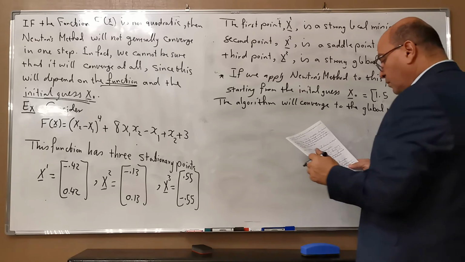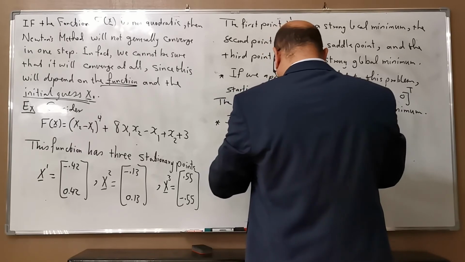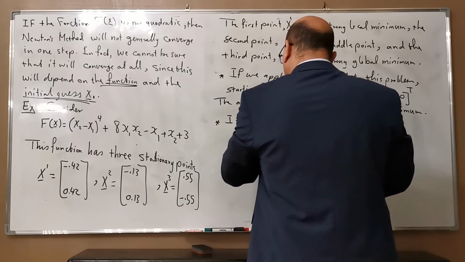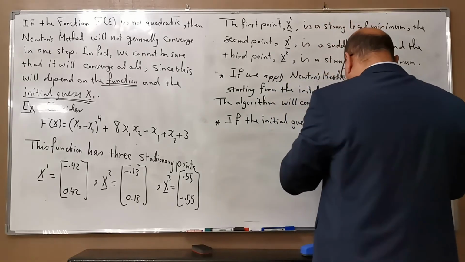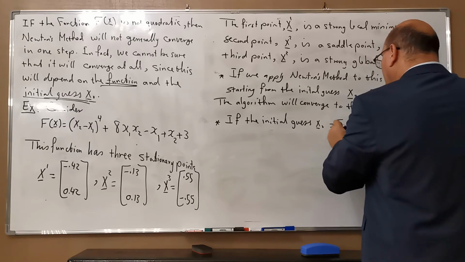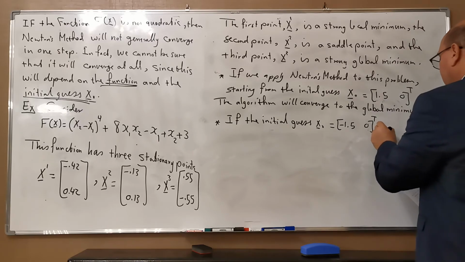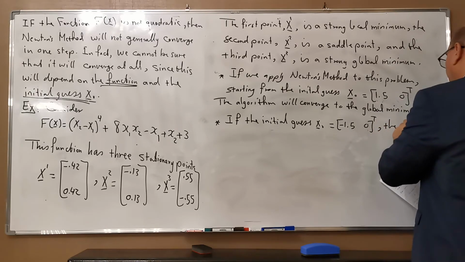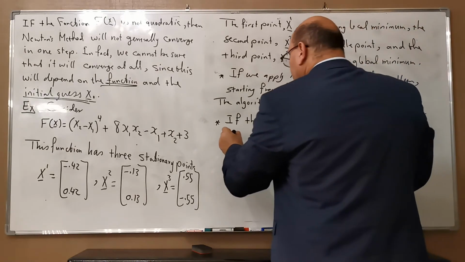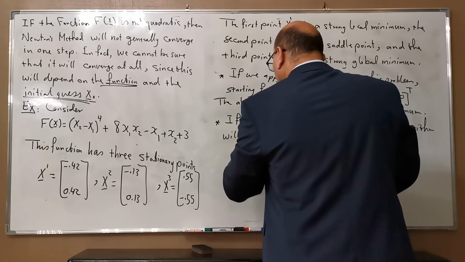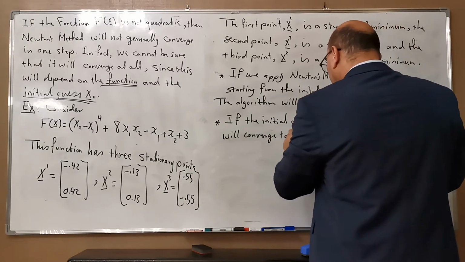Okay? If the initial guess x0 was equal to minus 1.5 and 0 transpose, the algorithm will converge to the local minimum.